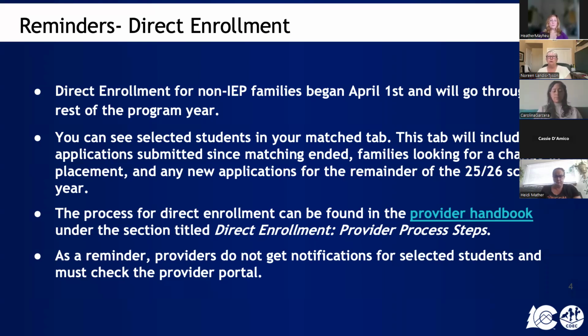Those new applications are only allowed to select 2 providers or 2 programs instead of 10. So it is very important that if you see someone in selected status and you do not have a seat open, then decline that so that the family knows that.